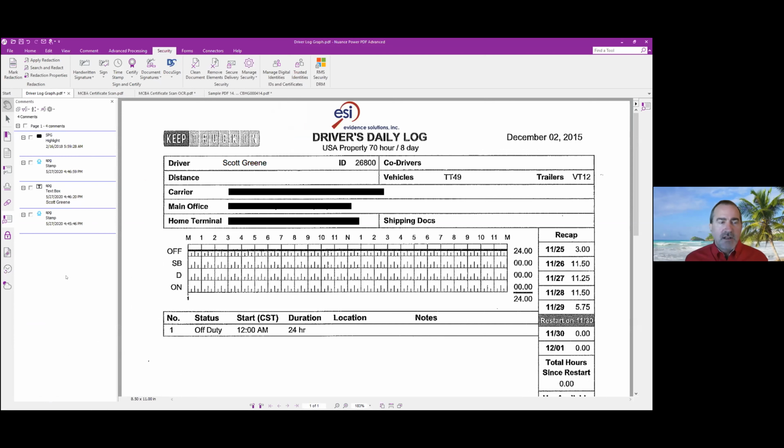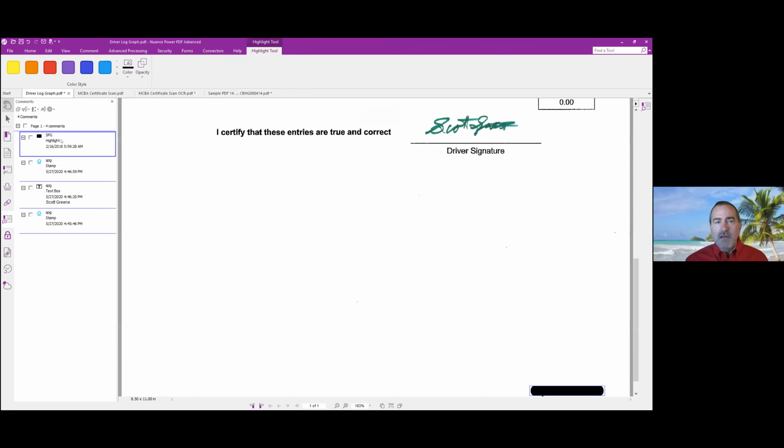In this particular product, every time I manipulate something, it actually gives me some information about what I've manipulated. So the first thing I did when I was manipulating this earlier was to add some information to the document and put in a signature, and that happened allegedly on this particular date.